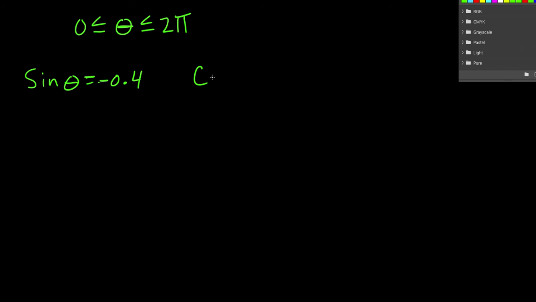And we get cosine as well. And we have a tangent as well. Alright, so the steps for this are going to be pretty much the same, except we want to make sure that our calculator is in radians. That's really it.